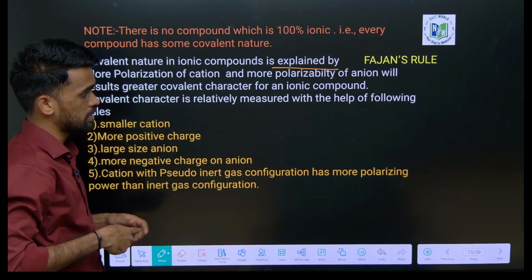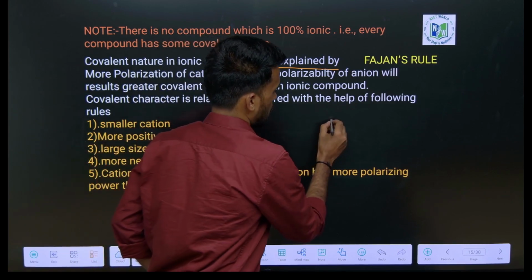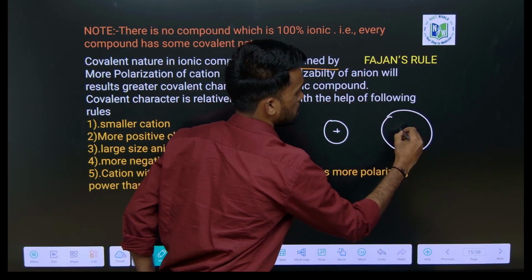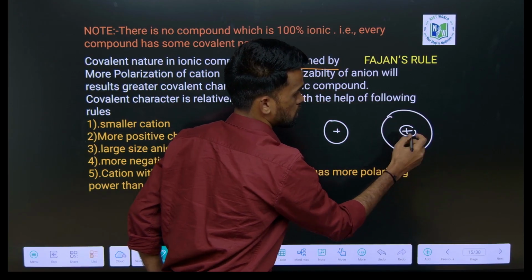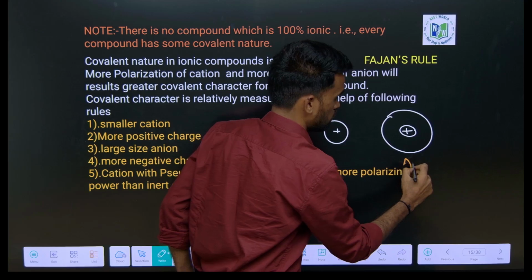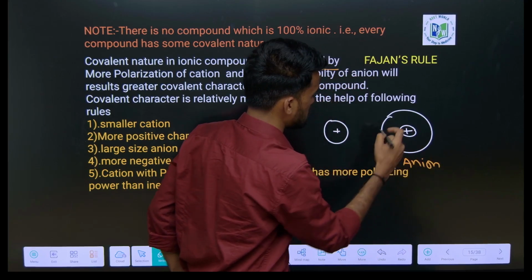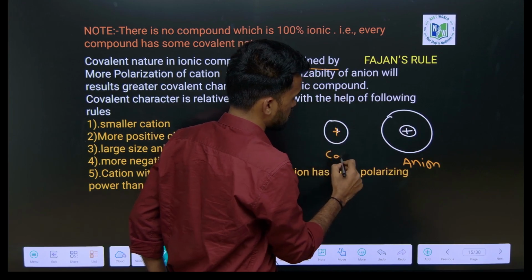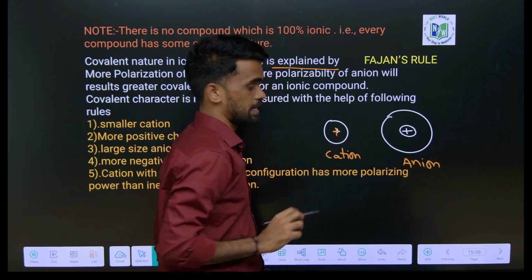So what he told is, again let us take a cation, and here let us take this as the anion. See, I am writing a positive charge only, but this positive charge indicates what? The nucleus of the anion. And here the smaller size one is always considered as the cation for better understanding.